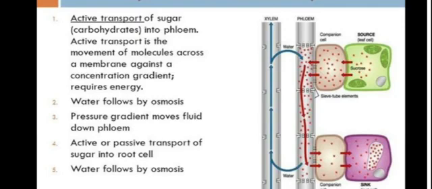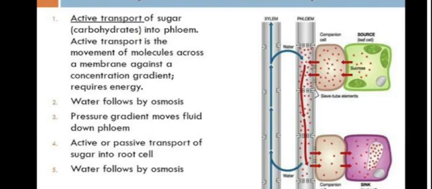From the xylem tubes, water is passed to the phloem tissues through osmosis. They have to pass through the membrane, as these are two different cells. So water is passed, because there is now low water potential in the phloem tissue. Sucrose is there, less water is there, so water will pass from the xylem to the phloem.